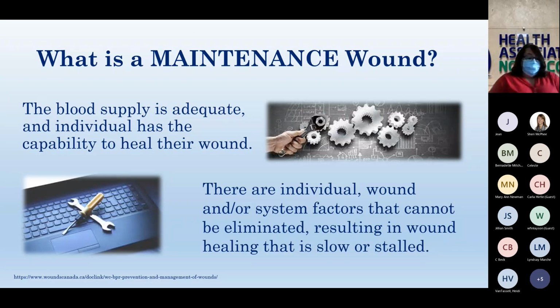This could be due to factors such as lack of resources, poor adherence, or not understanding the treatment plan. So this could be the resident that chooses not to offload, or someone that is a diabetic and won't adhere to a nutritional plan. So these would be your maintenance wounds. Is everybody good with that? Okay.